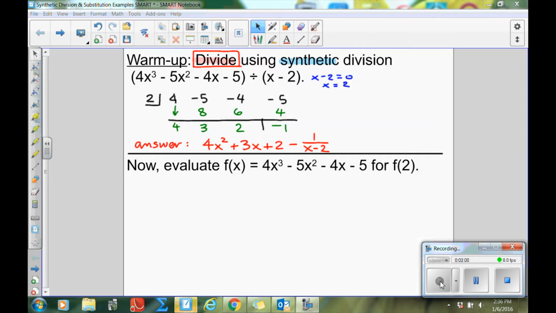Now let's shift gears and go back to something we've done before called evaluating. If we are asked to evaluate a function, given a particular x value, that literally means to plug the x value in for all of the x's. So we are going to evaluate by plugging in a 2 for all of the x's.